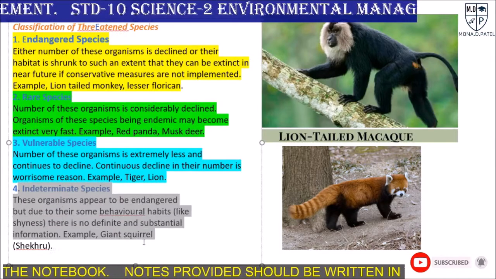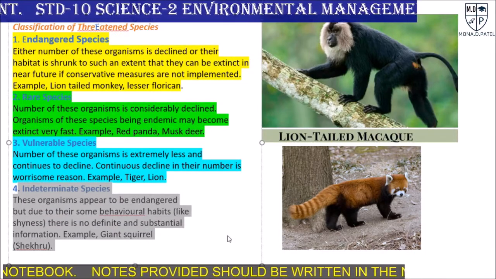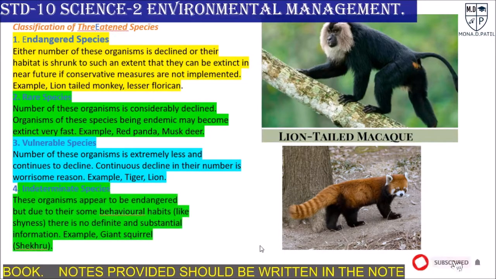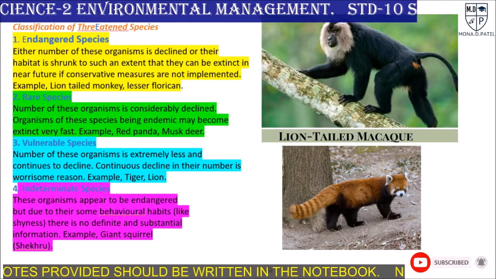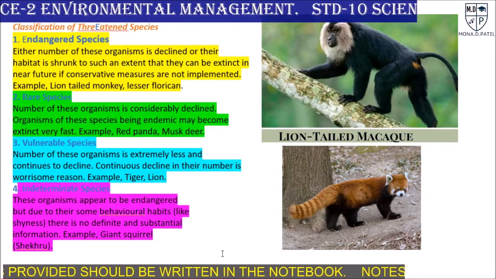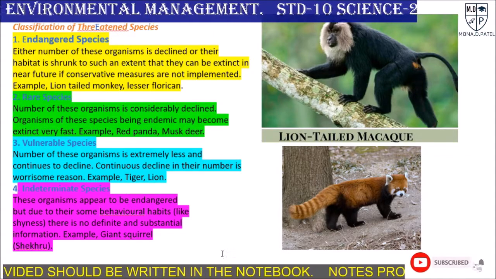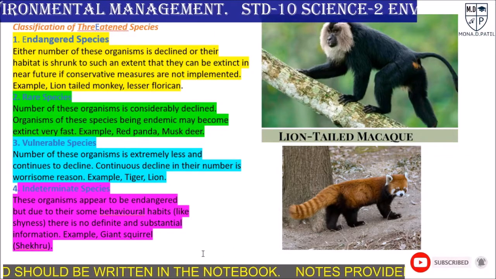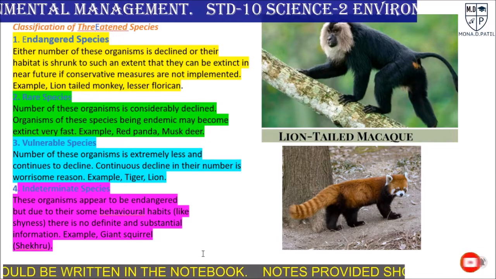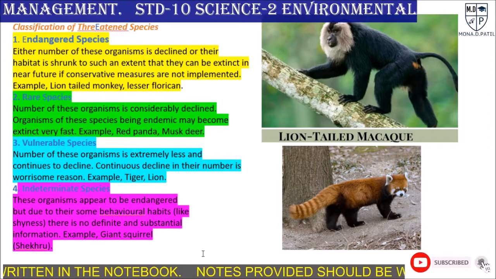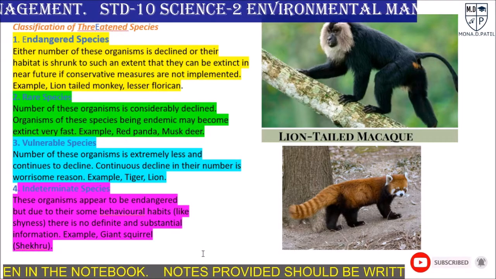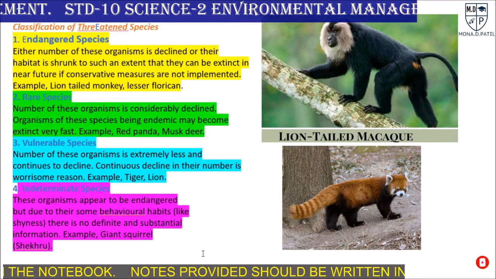These organisms appear to be endangered, but due to some behavior or habit like shyness, they always stay hidden. So there is no definite and substantial information. For example, giant squirrel or Shekru. Okay, this animal is mostly related to Maharashtra.